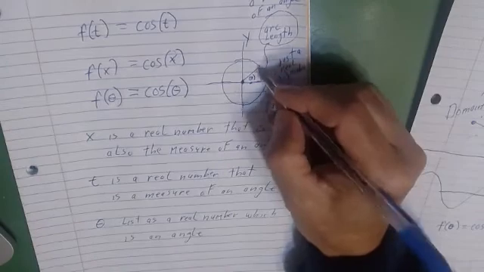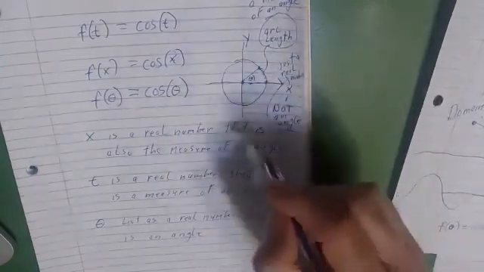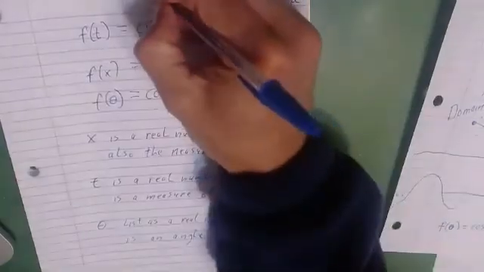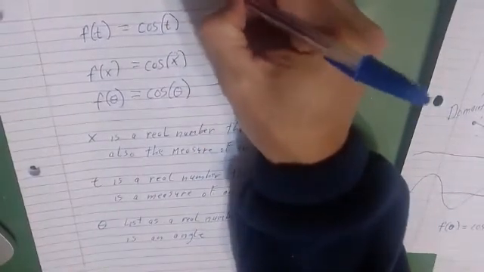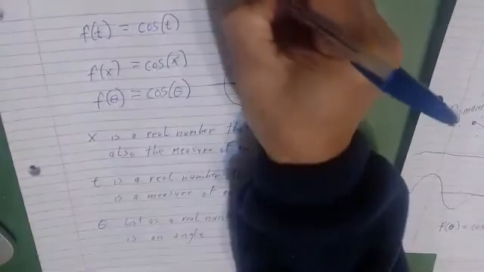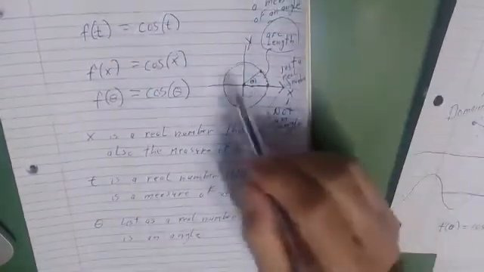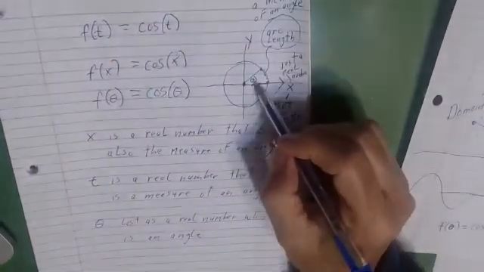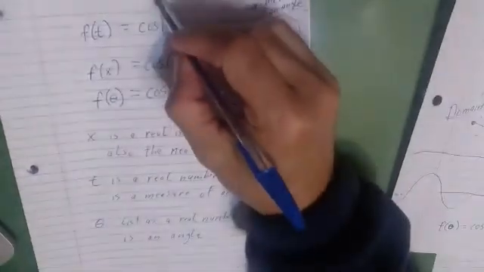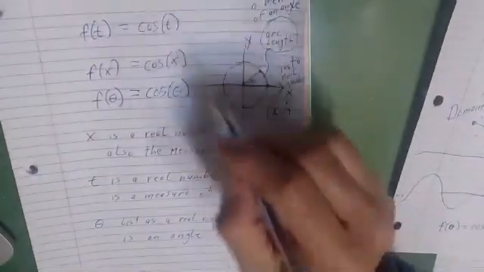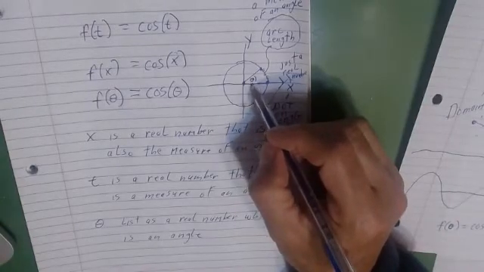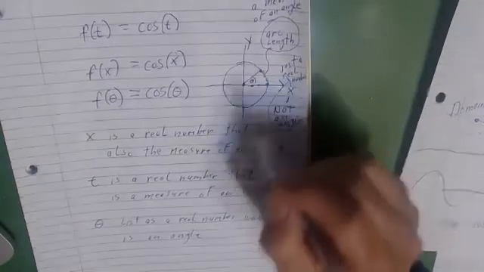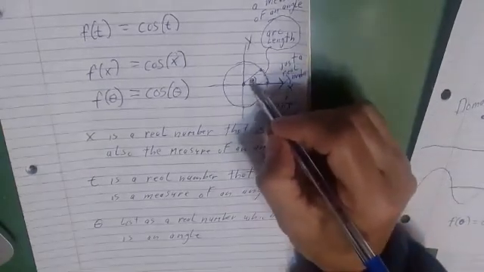But an oriented arc, T, is the arc length, okay? But if theta is measured in radians, the value of T is the same thing as the value of theta. So T can represent theta. The number that T is the same number that is the measure of theta, okay?